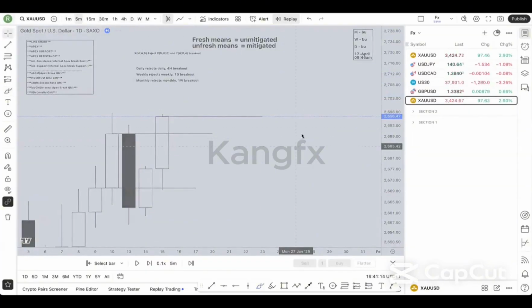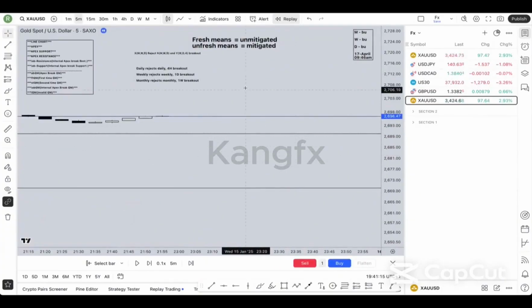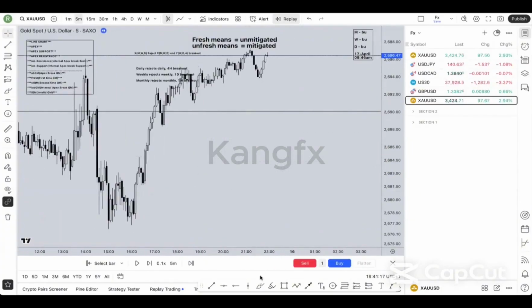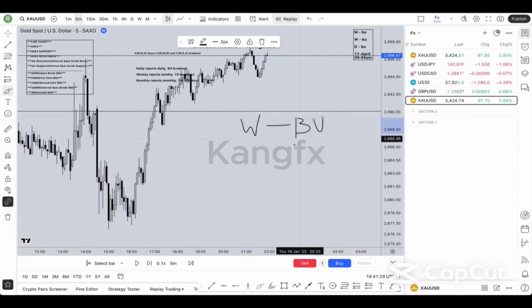If I have my weekly, and my weekly is bullish, then my daily is bearish. And it got to a certain point, then I had a rejection on daily.